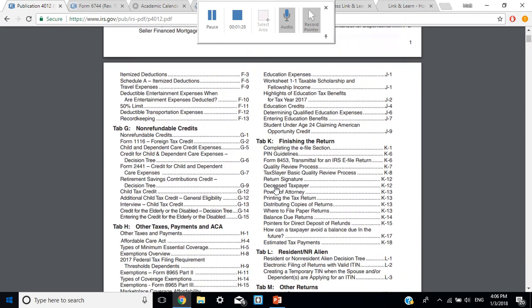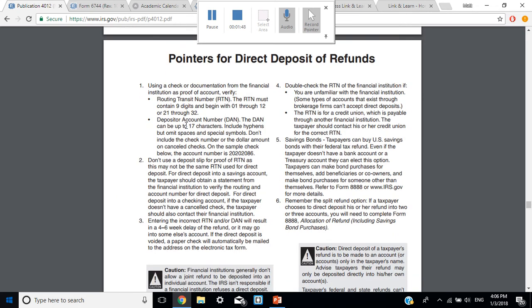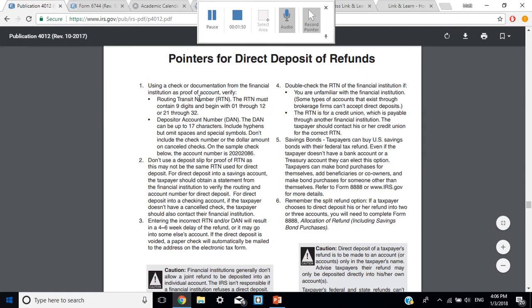Let's look under tab K, finishing the return. And there should be a section that talks about when you're done filing, where the returns go. Here we go. Let's go refunds. Now, pointers for direct deposit refunds. It talks a little about how you're supposed to collect the numbers, how you're supposed to route them.